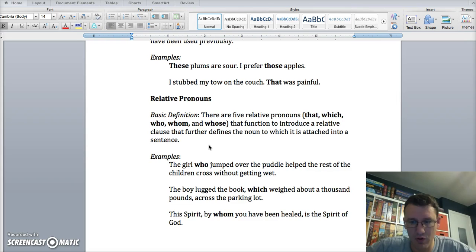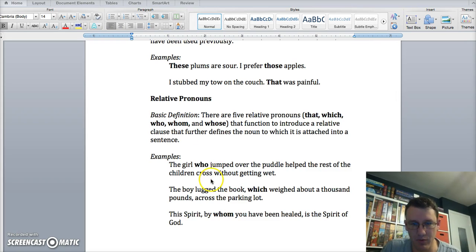The relative pronoun is who, and when it's functioning as the subject of a verb, it's going to be who. The girl who jumped. The verb is jumped. The who is acting as the subject of that verb, and it will be referred to as a relative clause.